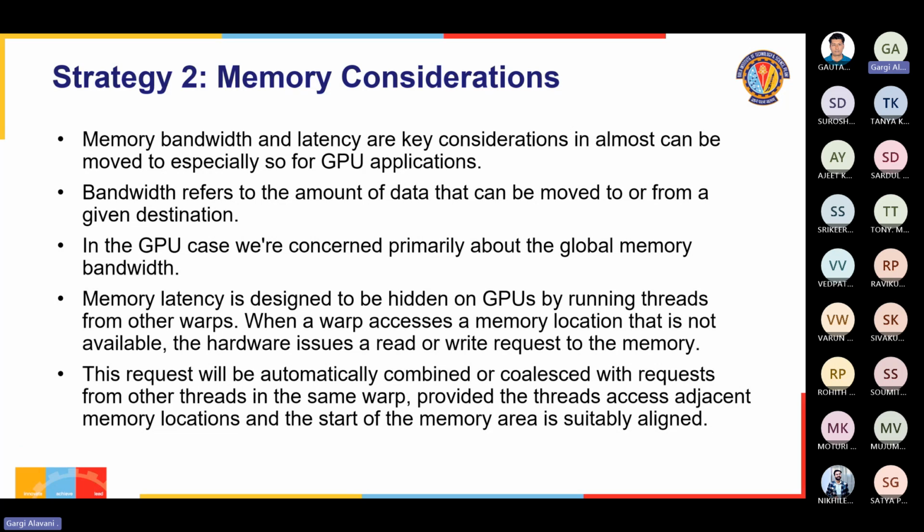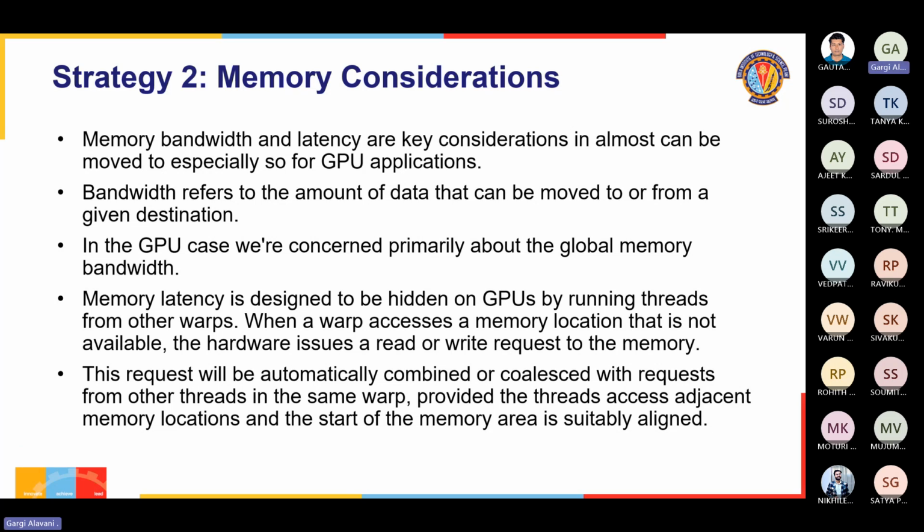And memory is a bottleneck in terms of performance, because as we have discussed multiple times, the time taken to move any data from your global memory to your registers, or for any computation, takes almost 400 to 600 to 800 cycles.